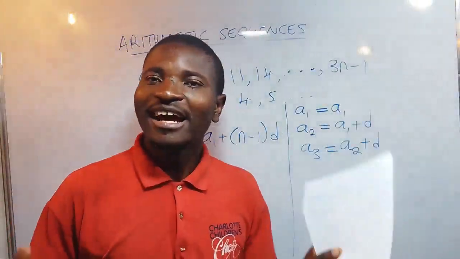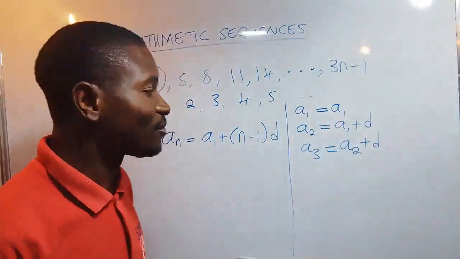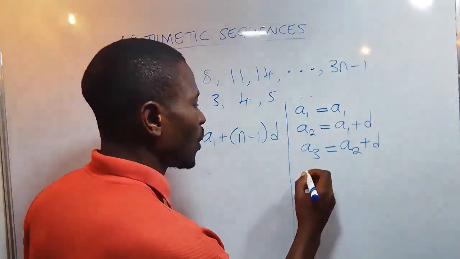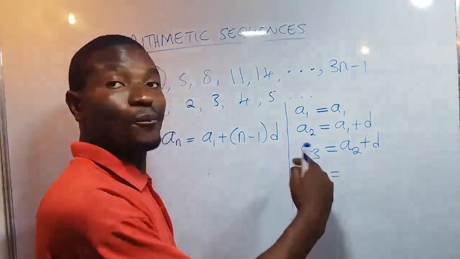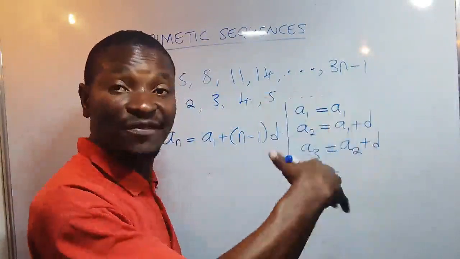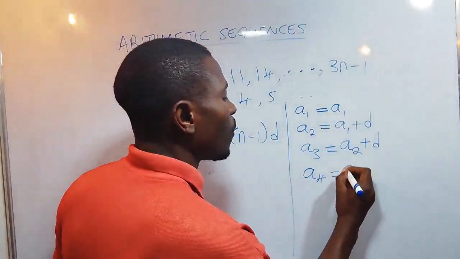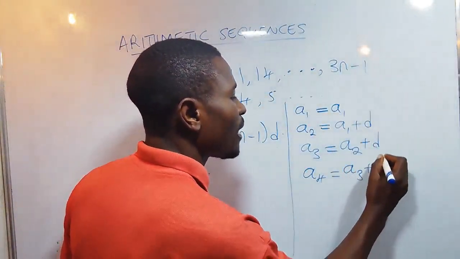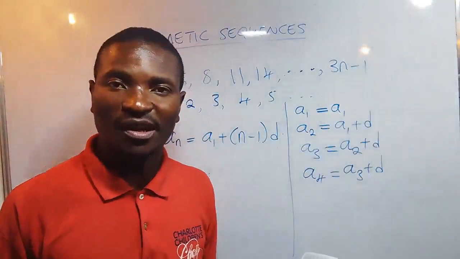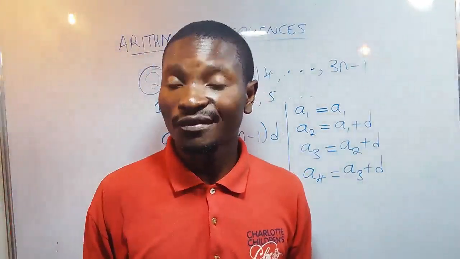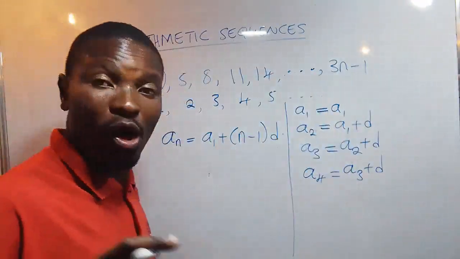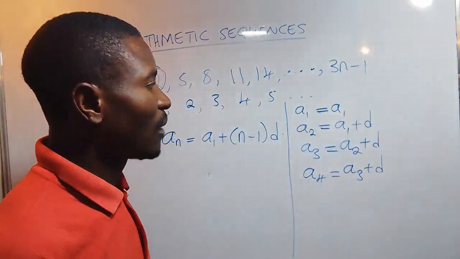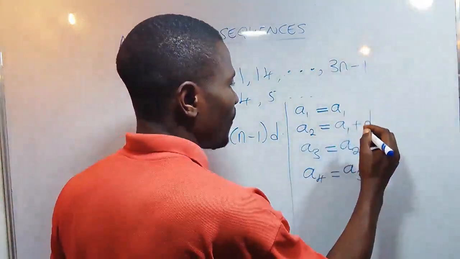Now the fourth term equals the previous term, which is a 3, plus the difference, where d stands for difference. From there, I'm going to be able to simplify.